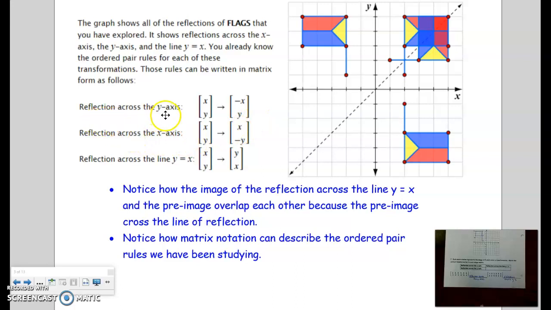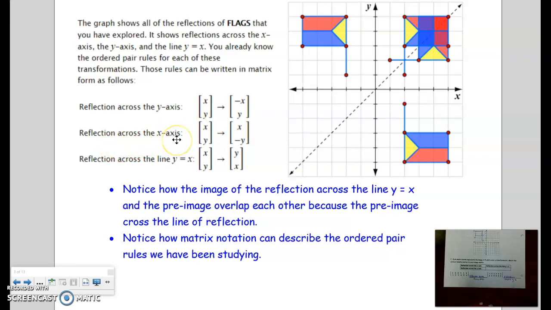So the reflection across the y-axis, you're starting with a point x, y, but we're not putting it in parentheses like a point. We're writing it as a matrix. So remember, the x is in the top row and the y is in the bottom, and we have it in a bracket, not parentheses. And we're mapping those to new points in the matrix form where the sign on x has changed. So remember, that's the opposite of x, but y stays the same.